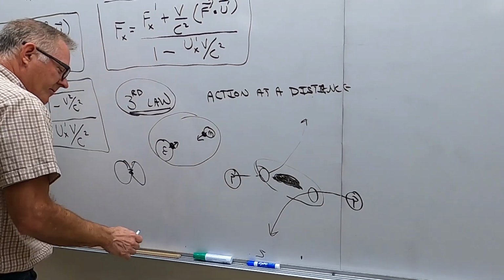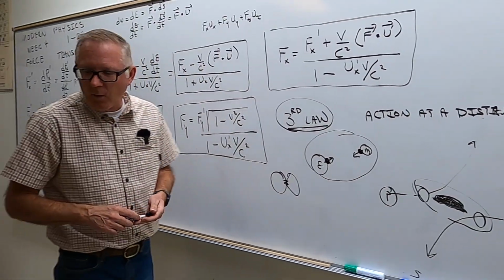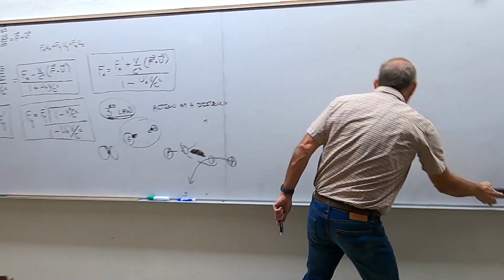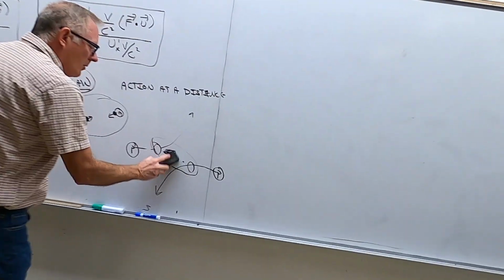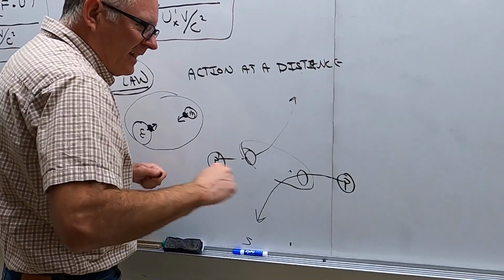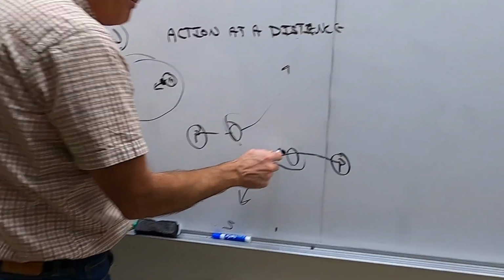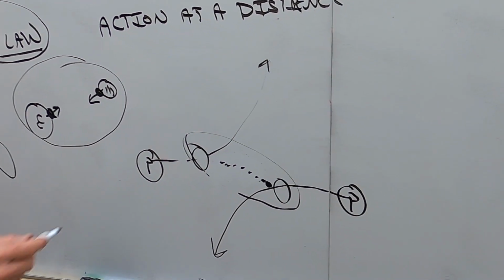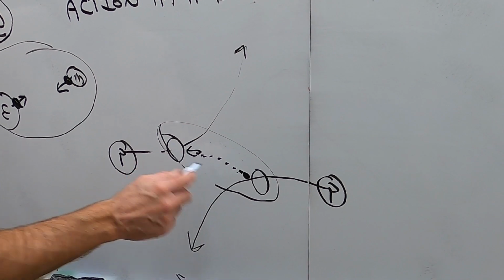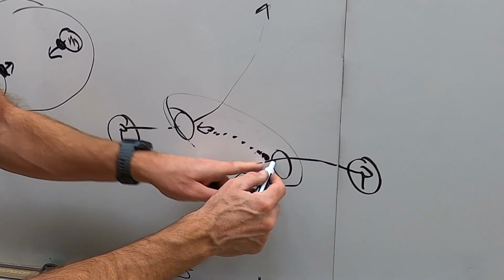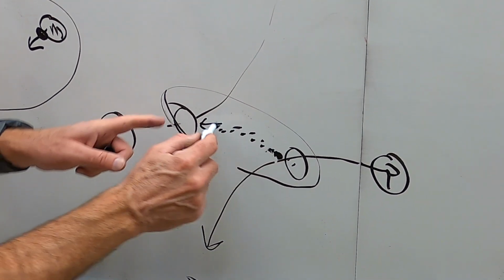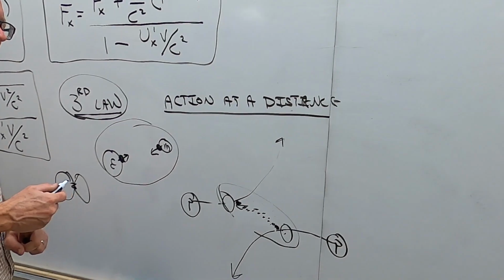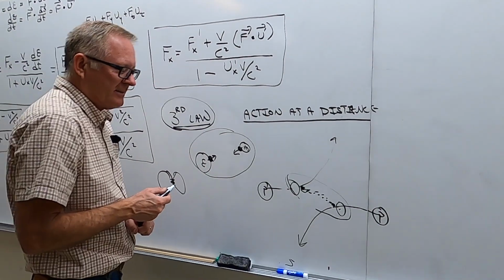Well, they have their fields, they're called quantum fields, and the way they handle it is they say this guy emits some sort of a quantum of electromagnetic field over to this one. Why? Because that way the interaction occurs right here. It's not over here. And then this travels over and then interacts with this. There is no action at a distance. They like to get away from that because they don't know how to handle it with relativity.